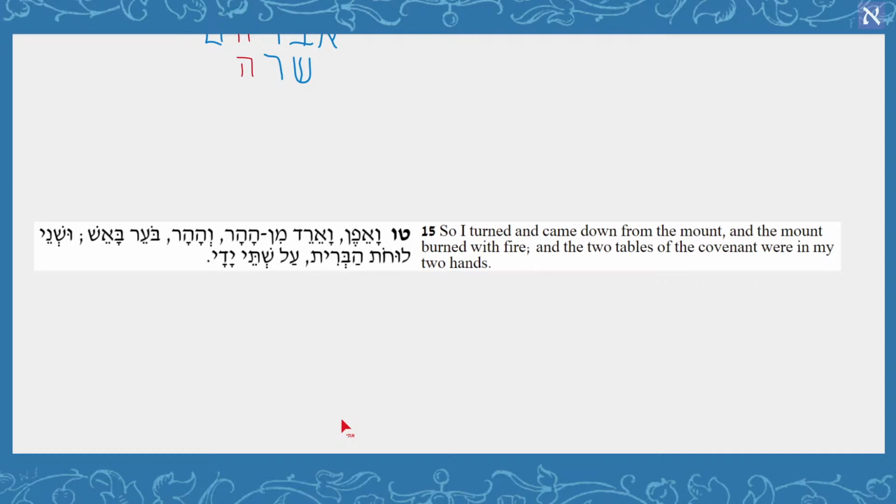And Moses is the one who is representing the recognition, the divine logos. With our hands we make our works.